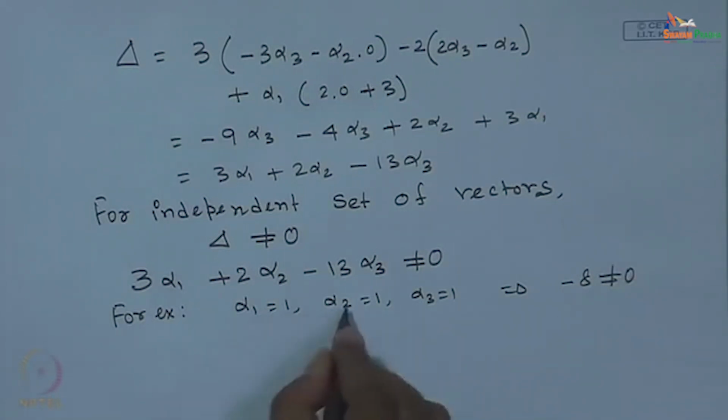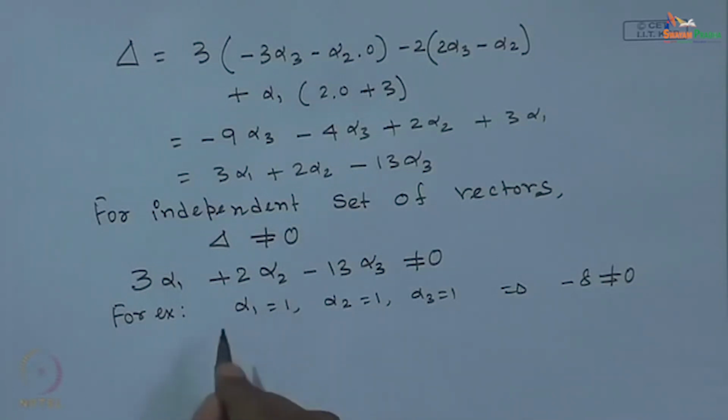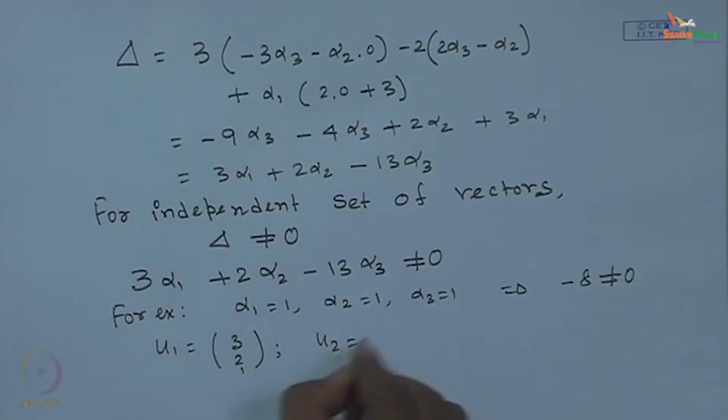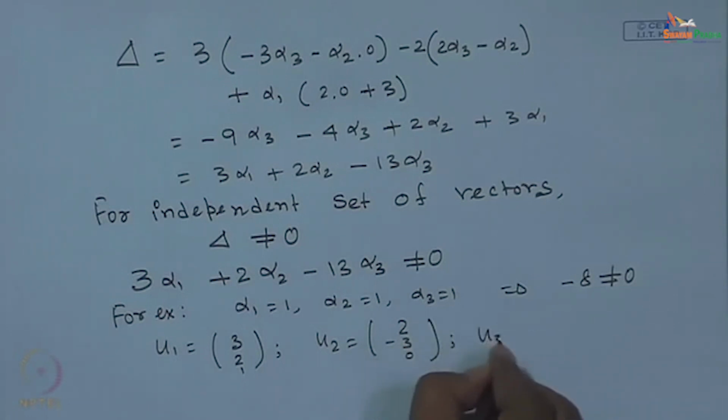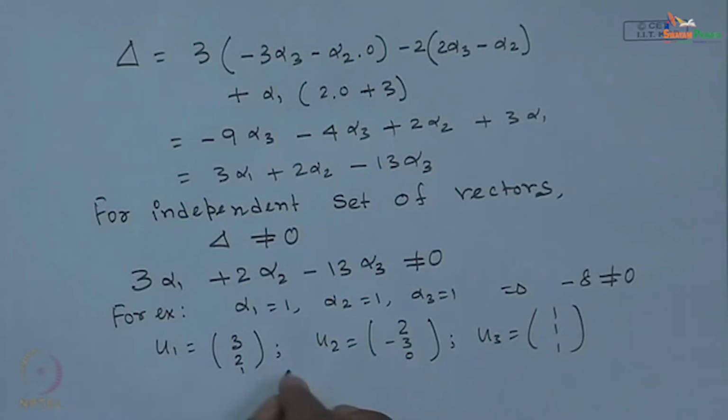So, 1, 1, 1 along with the other two vectors u1 (3, 2, 1) and u2 (2, minus 3, 0), with u3 as 1, 1, 1, constitutes a basis set of vectors or independent set of vectors. That means ui is basically a basis set.